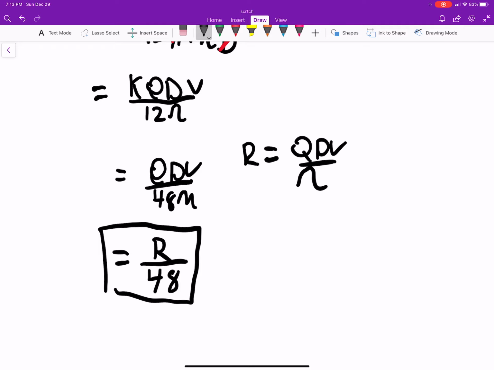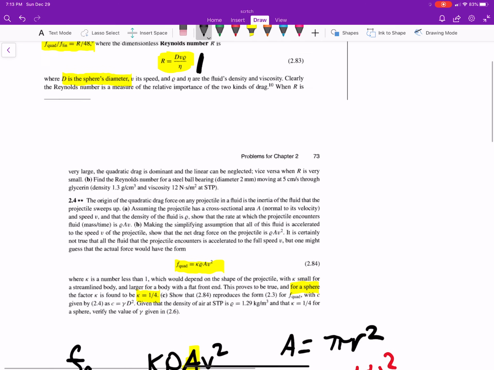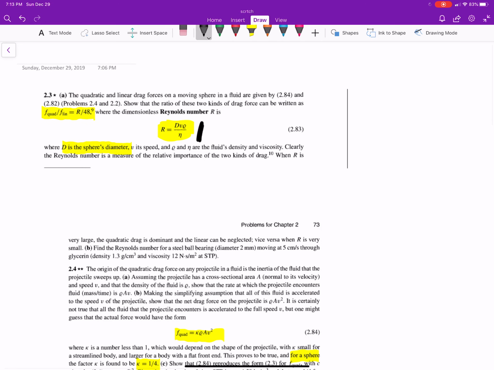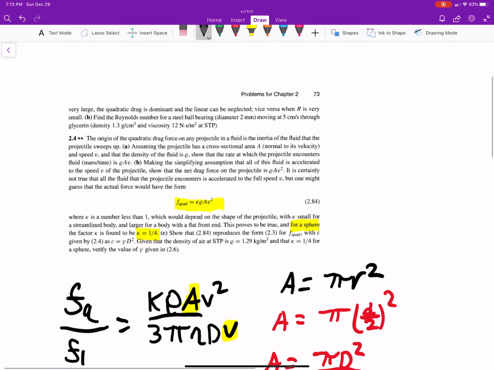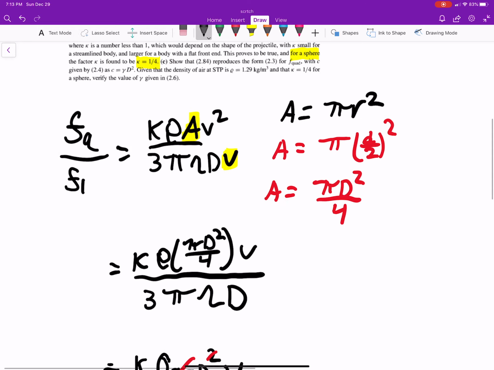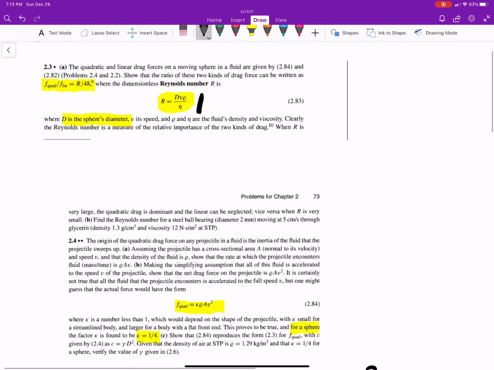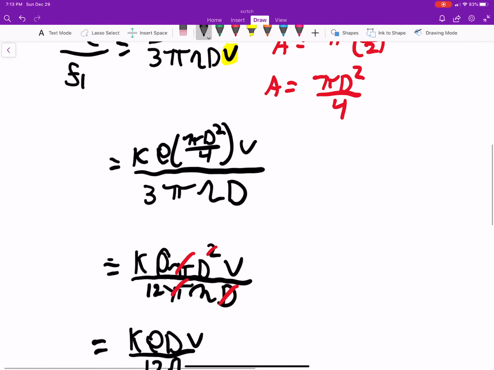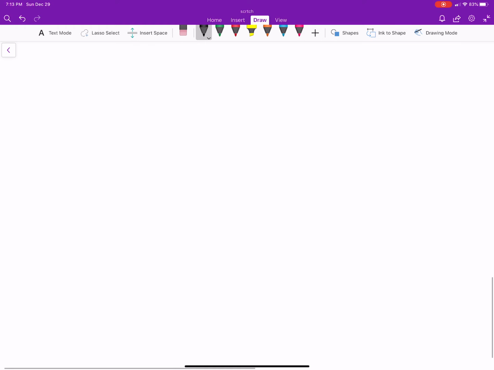And now for part B. Part B, we want to find R for a steel ball given the diameter and then given the other factors that we have. So the first thing we want to do, we're given the speed. Okay, so the first thing we want to do is convert everything.